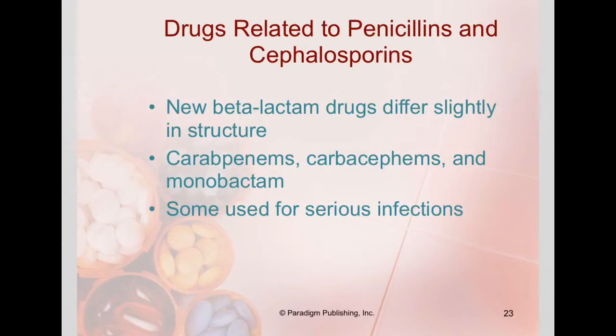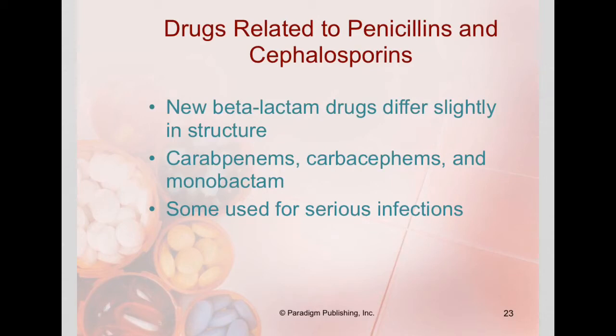There have been new drugs created that are related to the penicillins and the cephalosporins. New beta-lactam drugs differ slightly in structure. The three categories are the carbapenems, the carbacephems, and the monobactams. The carbapenems are like ertapenem, Invanz.